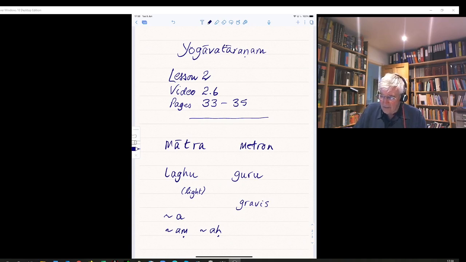Now this meter, this Anushtubh meter, is by far the most common meter in the whole of Sanskrit literature. For example, the Buddhist Sanskrit works, take for example the Bodhicharyavatara, is written exclusively in the Anushtubh meter.